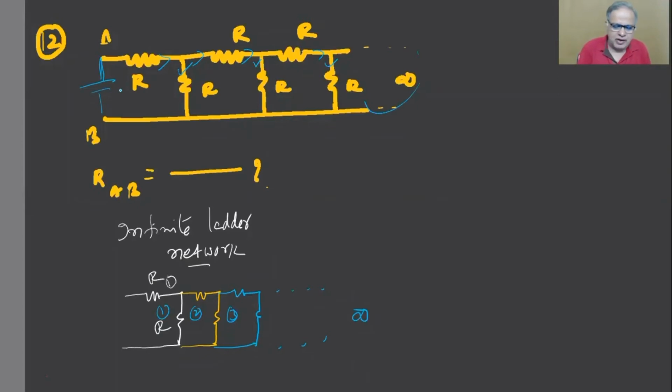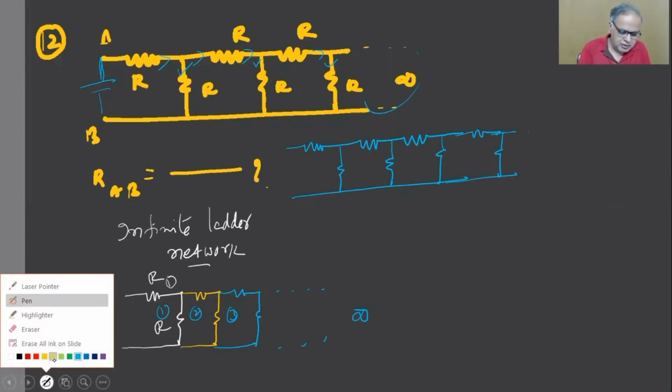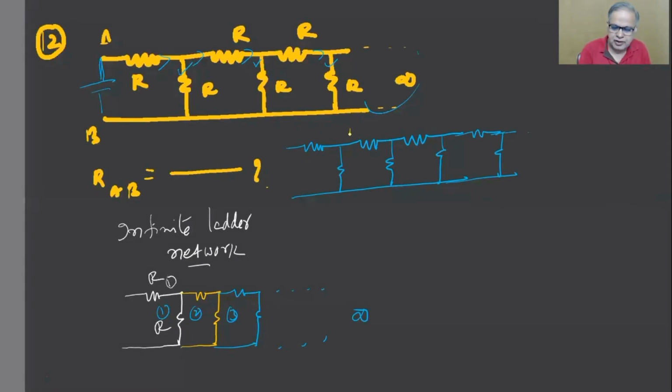Look, if I redraw the circuit again here, if I just look at the circuit here, we think of separating this element out, the remaining thing looks like what you have there already.